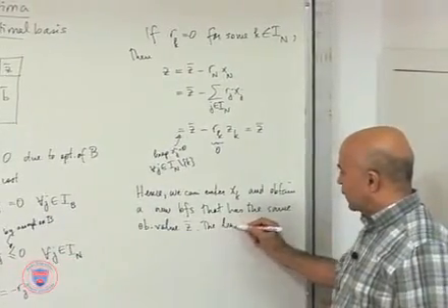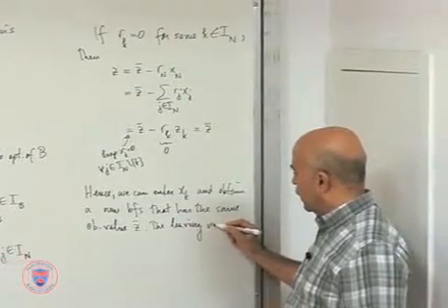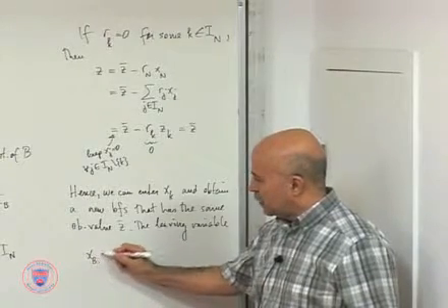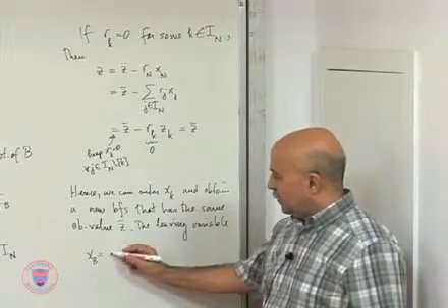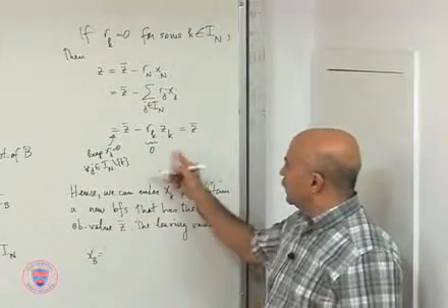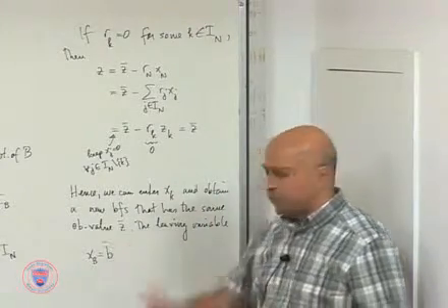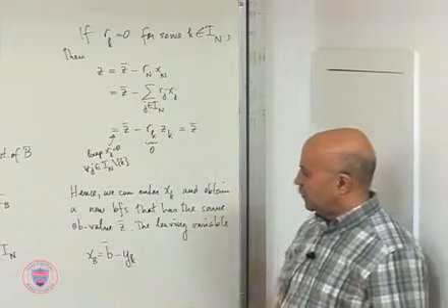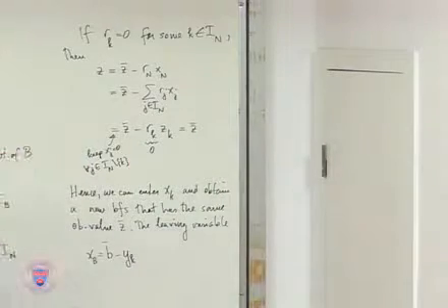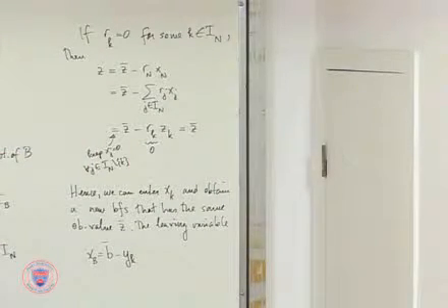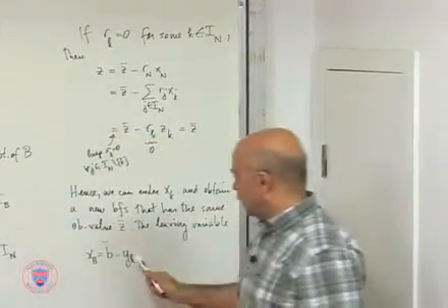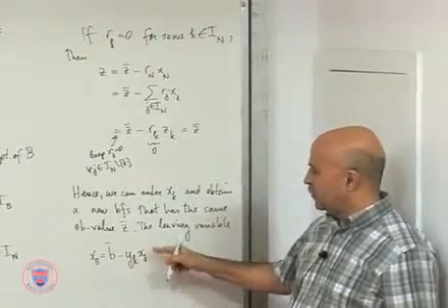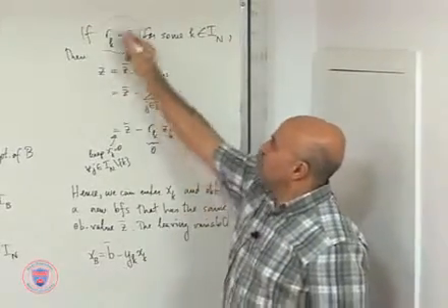The leaving variable is found in the same way. You simply write xb as a function of the entering variable, so it will be the current values minus the vector y sub k, which is the B inverse ak. Remember that, I gave you a definition for that. So y sub k is B inverse ak times the variable xk, which is the entering variable whose reduced cost is 0.